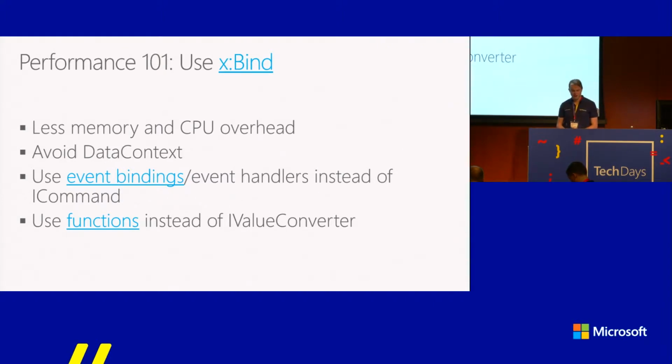So with x:Bind, you specify in your binding: use this function to convert object X to object Y. And you can define the function in a value converters class, but it requires less interop and lookup, and it's generally faster.